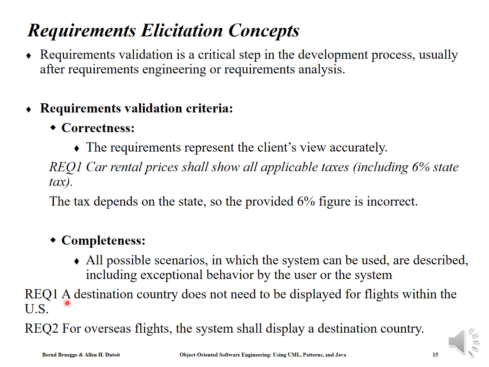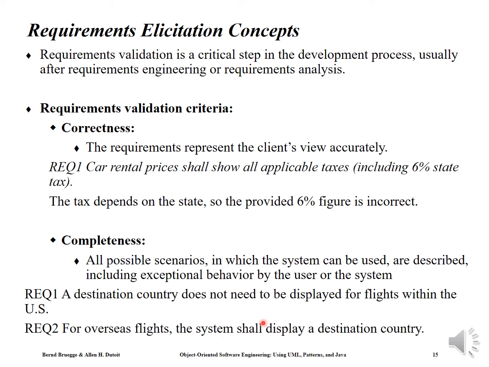So an example of it is a destination country does not need to be displayed for flights within the US. So if the flight is within US, the destination country should not be displayed. And requirement 2 states that for overseas flights the system shall display destination country.